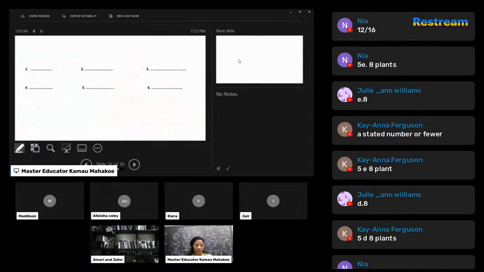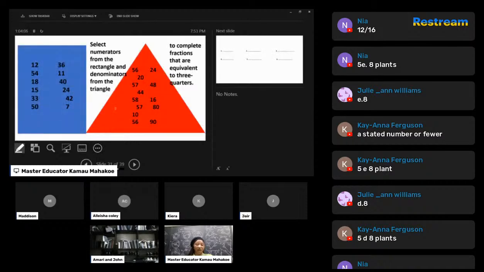Okay, that's correct. Remember, equivalent fractions would cancel down to the same, or you multiply the numerator and the denominator by the same thing. So 12 over 16 is equivalent to 3 quarters.